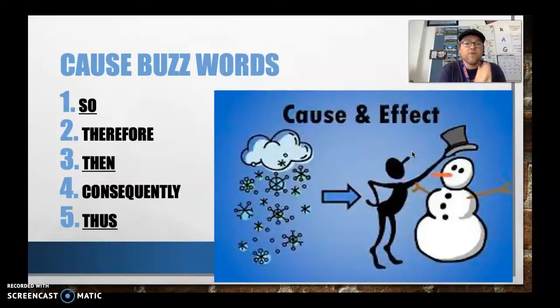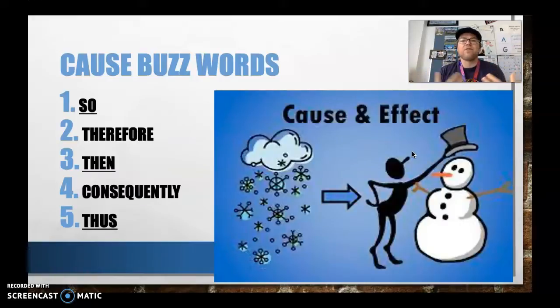So if you are putting the cause first, you would have maybe last night it snowed, so we built a snowman. Last night it snowed, therefore we built a snowman. Last night it snowed, then we built a snowman. Last night it snowed, consequently we built a snowman. Last night it snowed, thus we built a snowman.